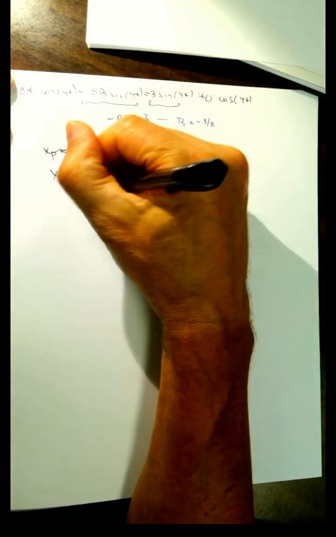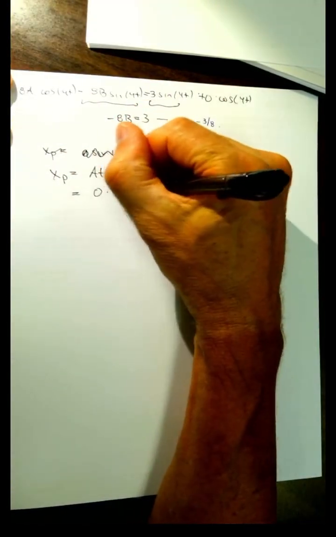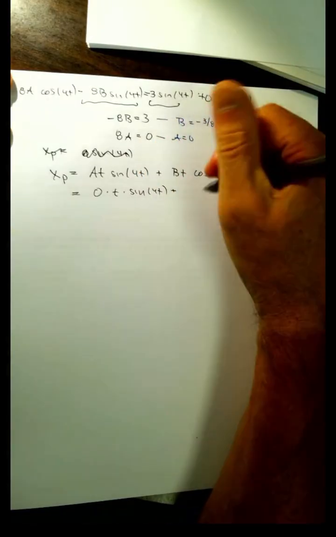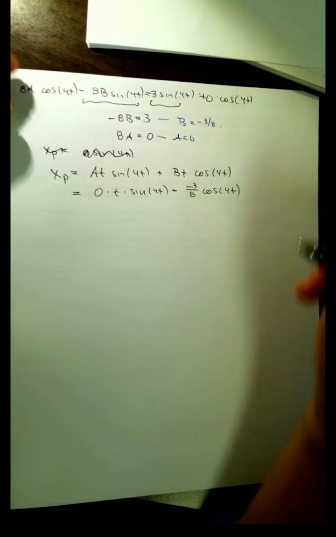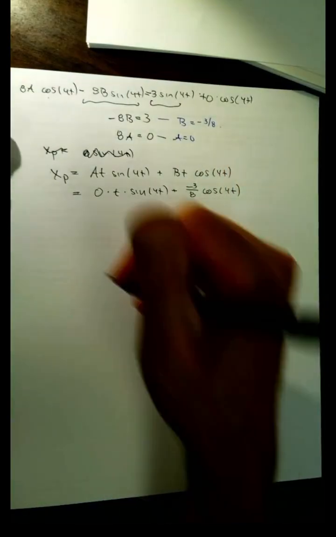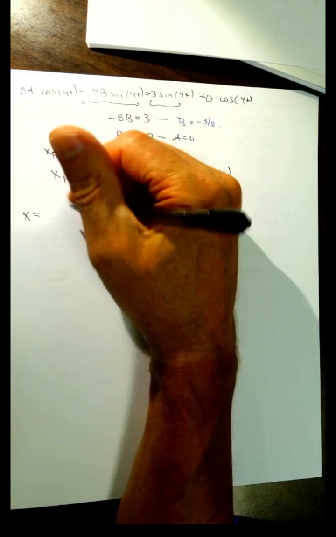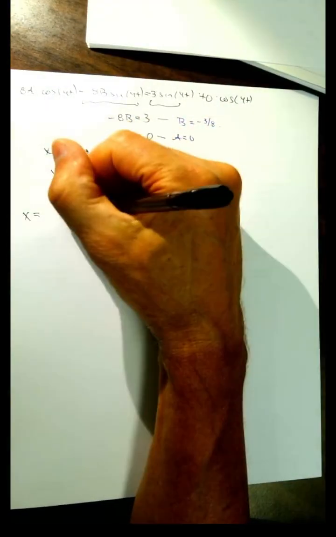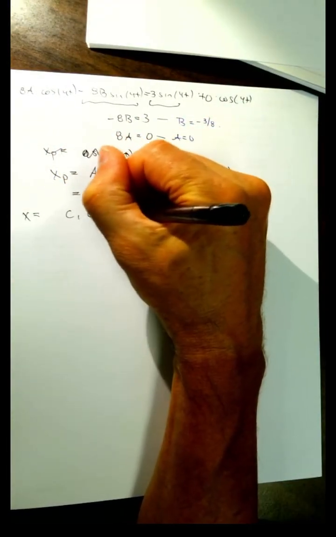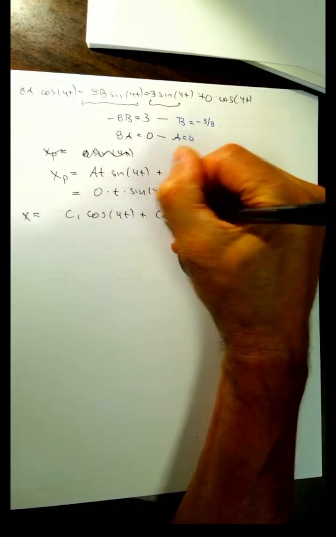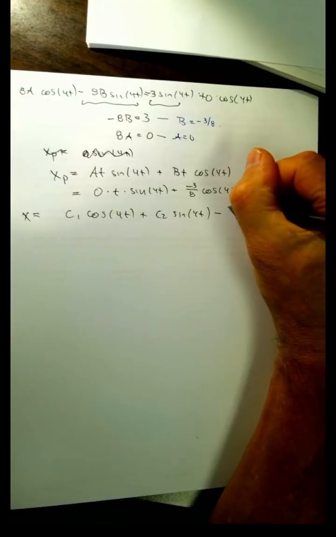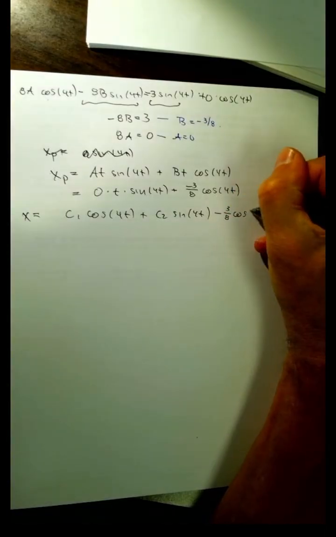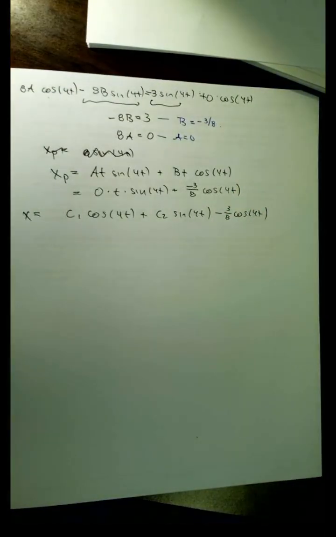And I just showed that a is 0. And then b is minus 3/8. Like so. So that means my solution is x homogeneous plus x particular. My homogeneous was C1 cosine 4t plus C2 sine of 4t. Now my particular is minus 3/8 cosine 4t.